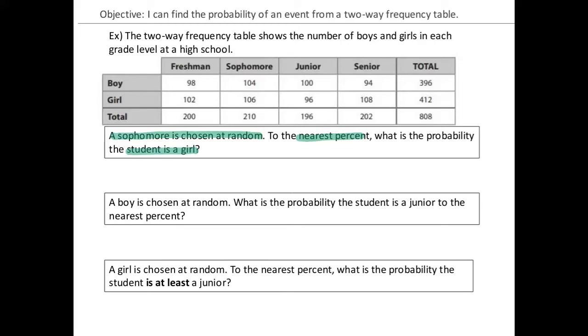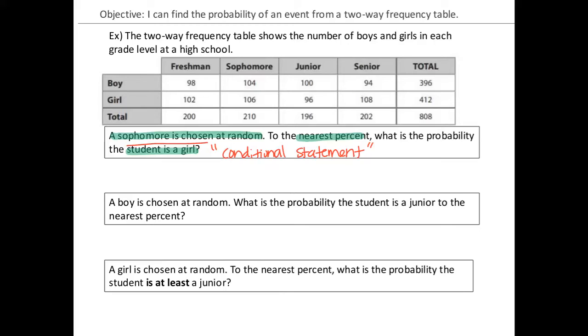Okay. So this one's called a conditional statement. Because it's asking what's the probability it's a girl given I have already chosen a sophomore, okay? I am specifically only picking the sophomores.